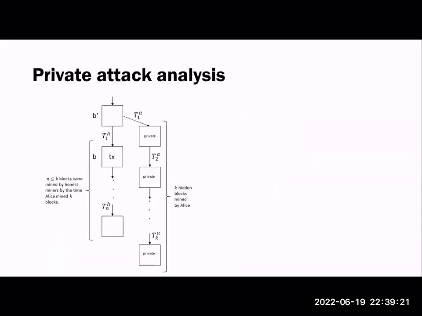Okay, all right, so how does Nakamoto do this analysis? Basically, this is the calculation he does. He said, okay, suppose the adversary is able to generate K blocks. It looks at the inter-arrival times T1A, T2A, up to TKA to generate these blocks. And now it looks at the inter-arrival times for the honest nodes to generate N blocks.